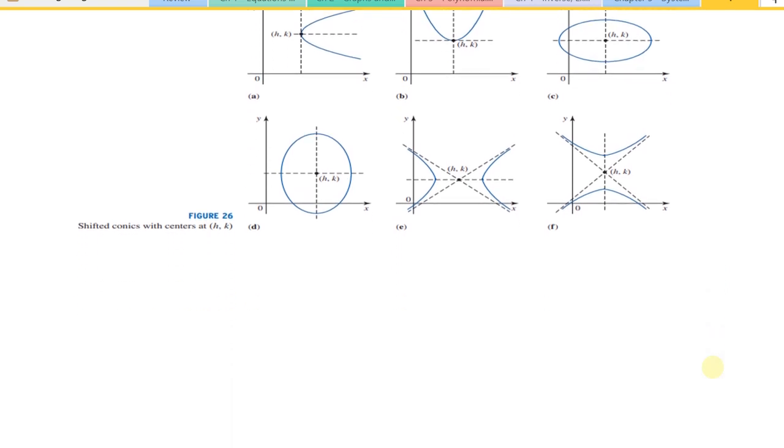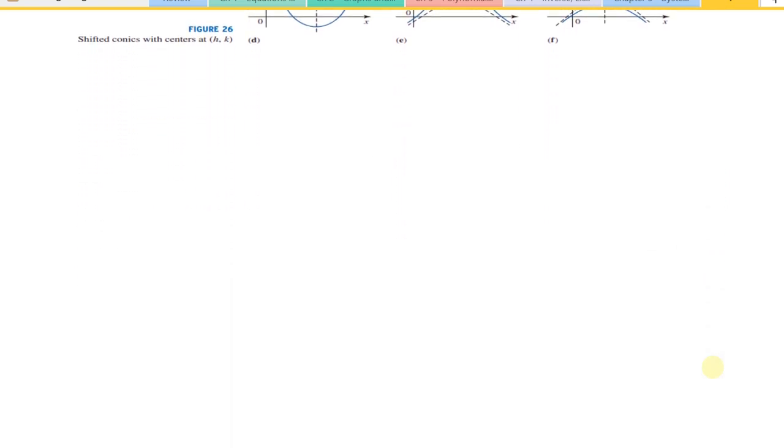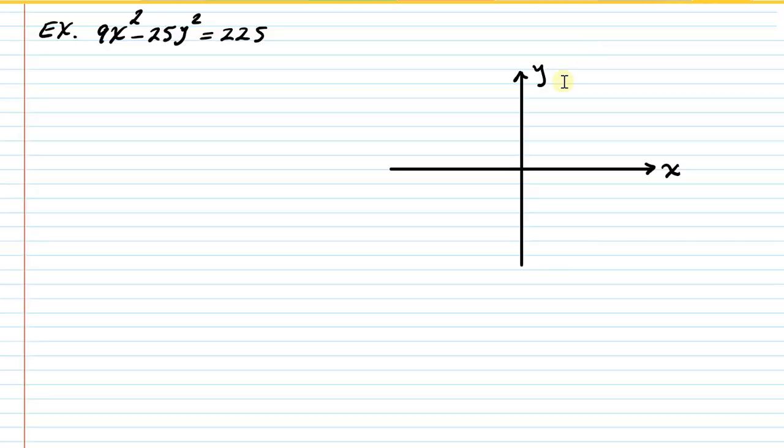Now let's take a look at some examples here. All right, so here is an equation, and this is an equation of a hyperbola. How do we know it? Because we have a minus sign, and both of these terms are squared.